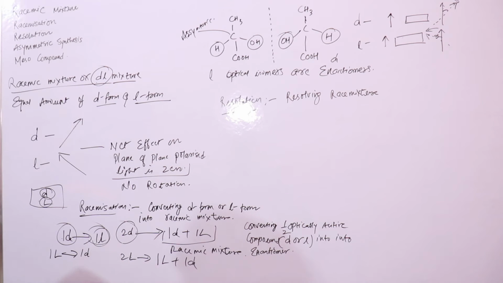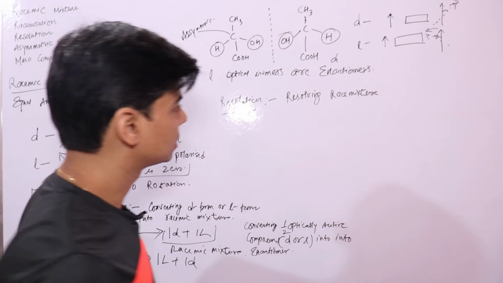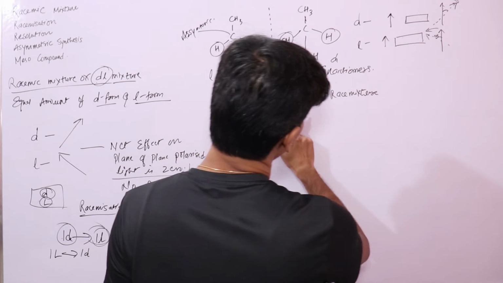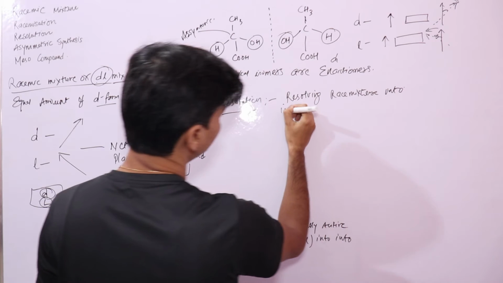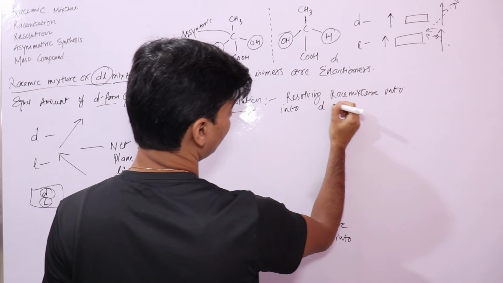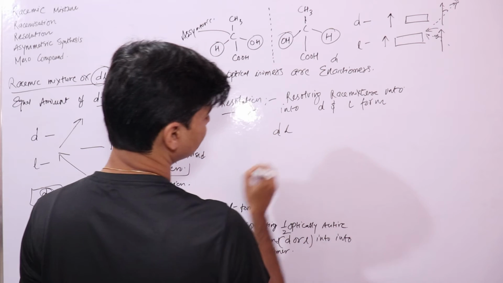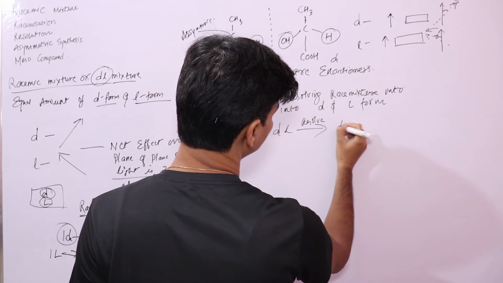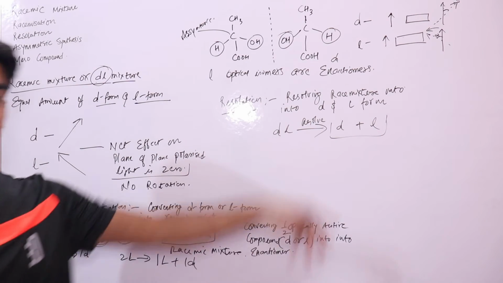Now this is kind of the reverse of racemization, not exactly the reverse, but you can think of it like that. Resolving racemic mixture into its D and L form. Suppose you have a DL racemic mixture, you will resolve it into its D form plus L form. You will separate the two forms.